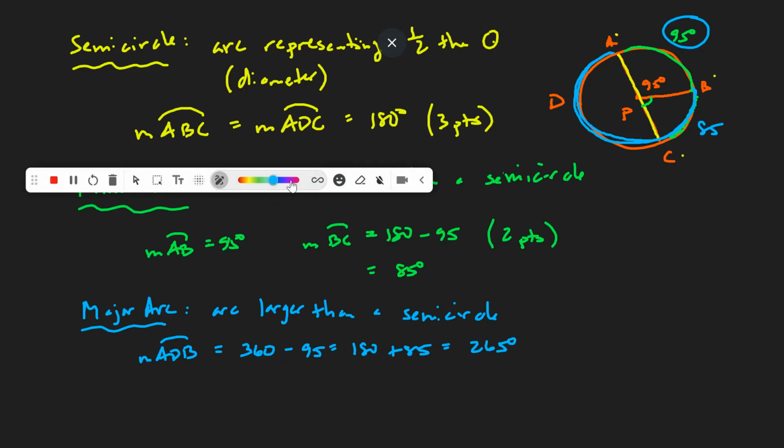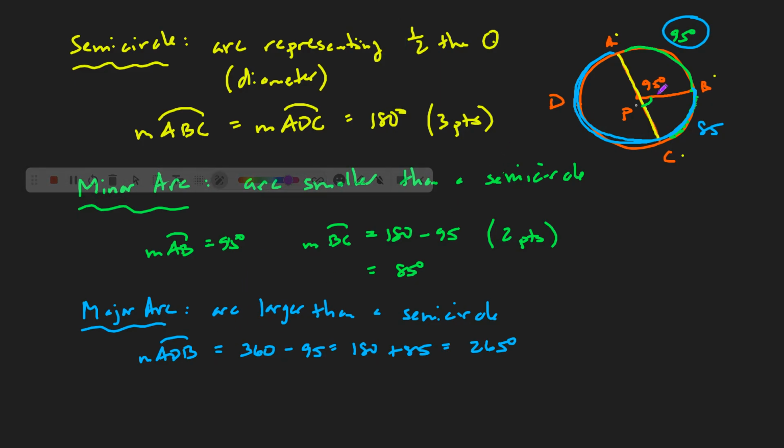If we talk about another major arc, how about BDC? So again, B to D to C, right? Now if I want to find the measure of arc BDC, I could do 360 minus 85, since now I don't care about 85. Or I could take the 95 degrees and add the semicircle of 180.